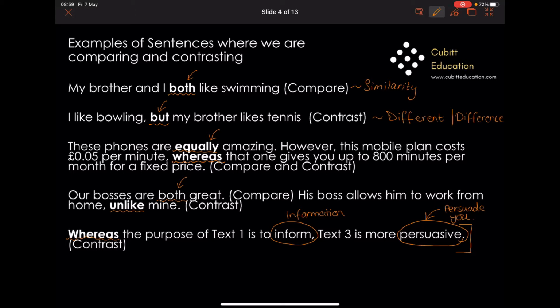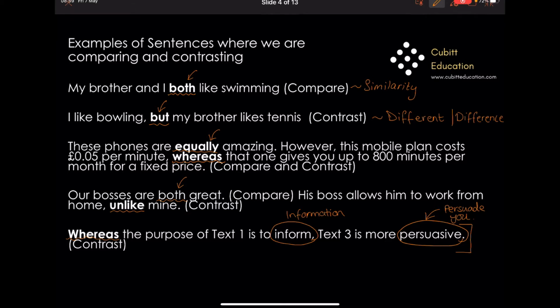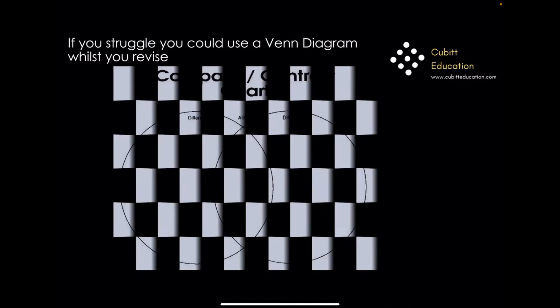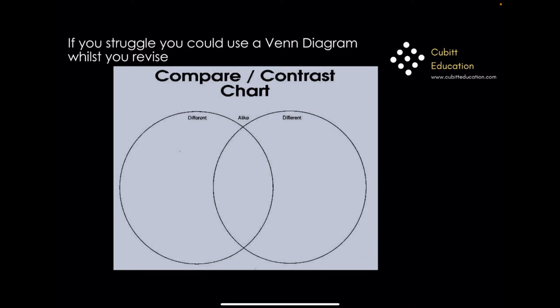And we're going to have a little go at a question in a second. Now, if you're finding it difficult to compare and contrast two texts, you could use a Venn diagram such as this one. As an example, if you wanted to compare a BMW with a Mercedes, we could say how they are the same and we would put those in the middle. Let's pretend that both of these cars are blue.